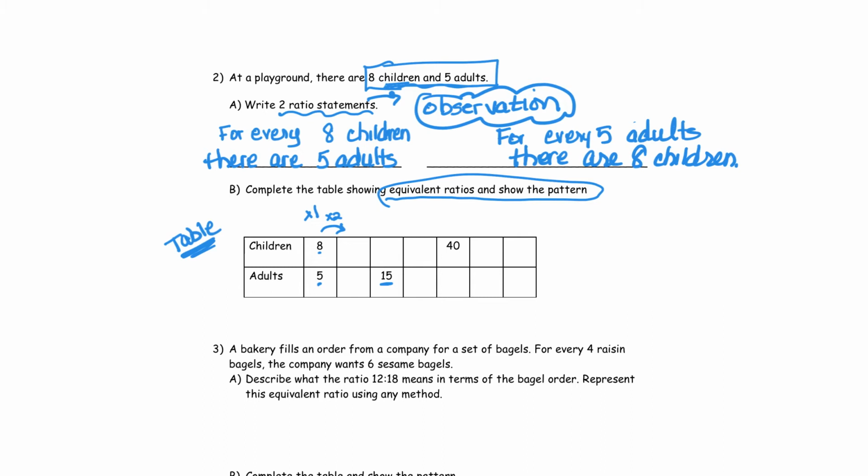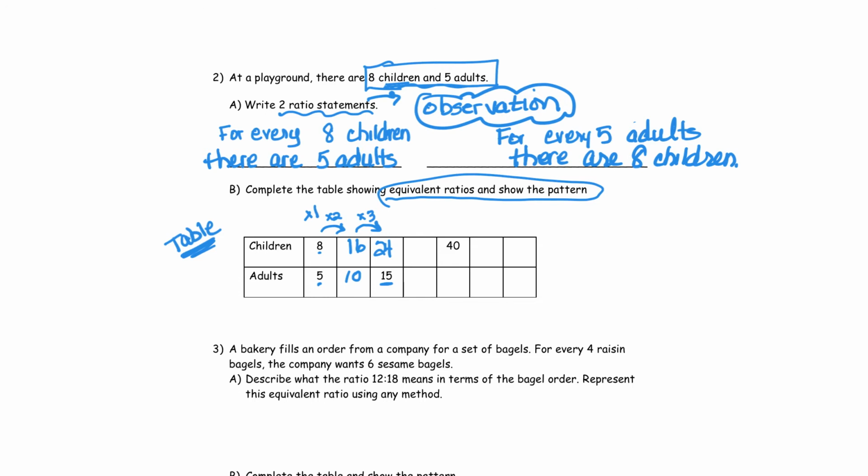So 8 times 2 is what? 16. 5 times 2 is 10. Now, I see 15, so I look like I'm counting by 5s for adults. 5, 10, 15. I could probably easily fill in the rest. So I'm counting by 5s, but let's just go ahead. I know this is times 2. Just double check. This is times 3. So 8 times 3 is 24. 5 times 3 is 15.